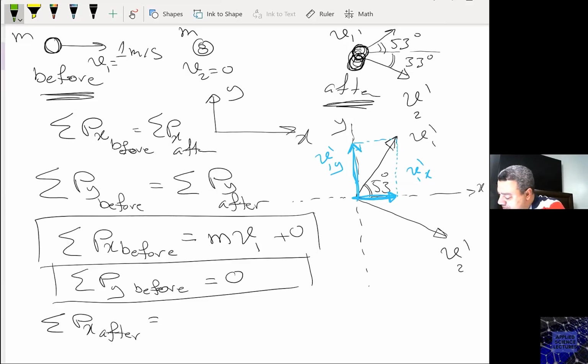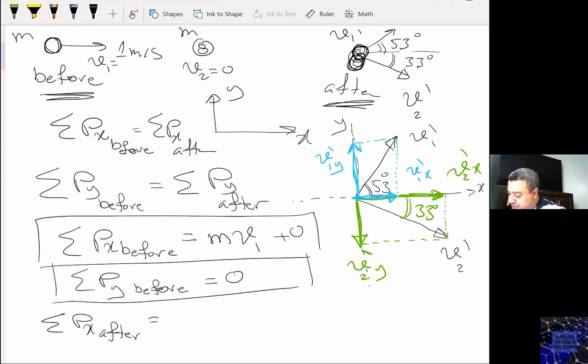Take the green: V2 prime x, V2 prime y. This is 33 degrees.